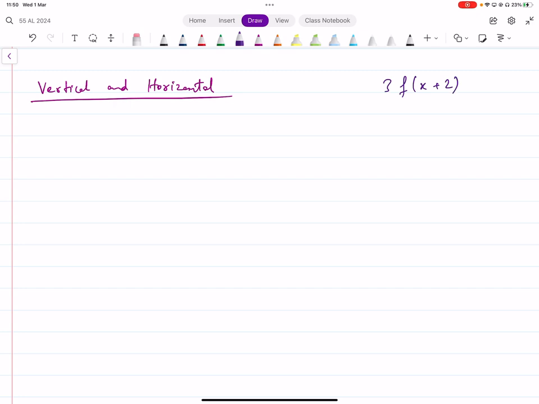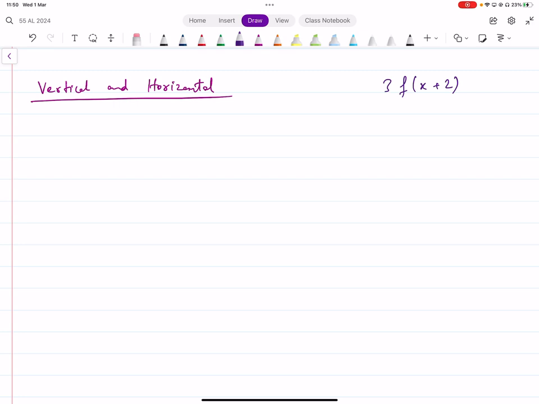What is happening here? You have two transformations: vertical stretch, scale factor 3, and horizontal translation, 2 units to the left. Vertical stretch है, horizontal translation है. दो transformations आपके पास यहाँ पर हो रही है.